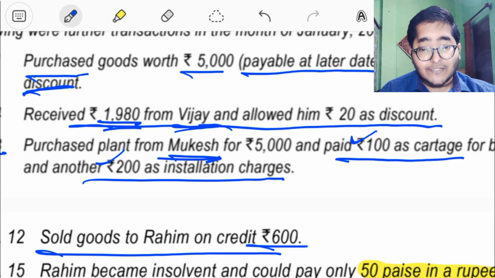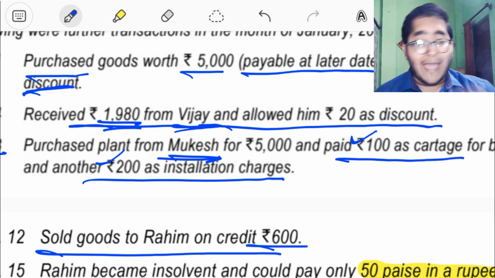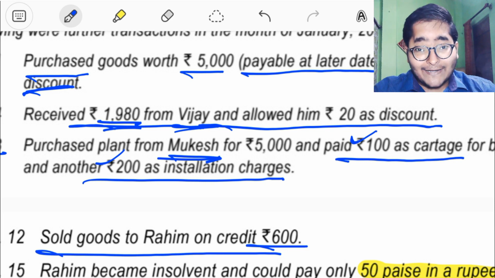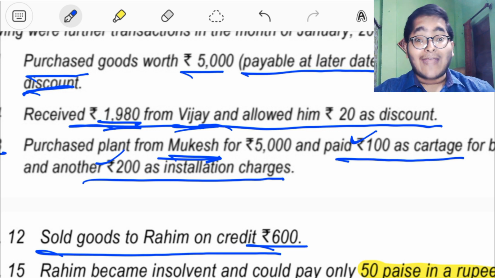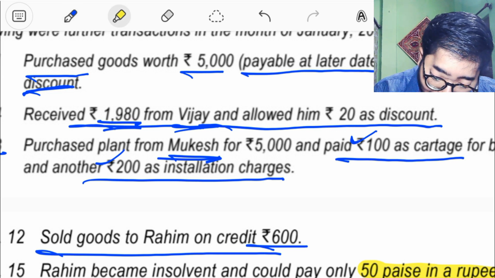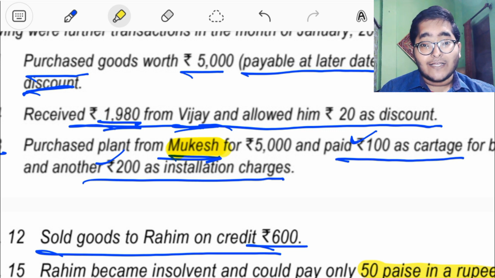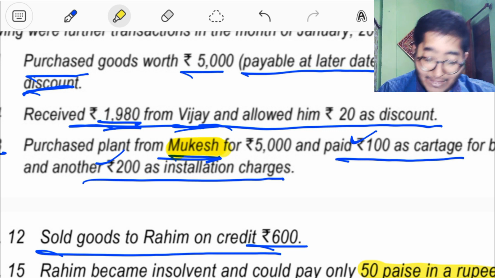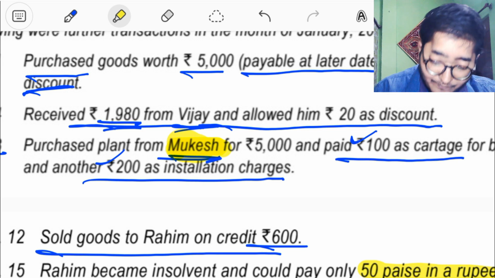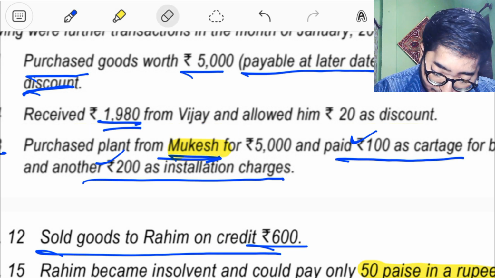It is a personal account. Cash or bank is not given. And that is why we must write Mukesh account. Why is cash or bank not mentioned? This name Mukesh is mentioned. And this Mukesh is a personal account, and that is why the Mukesh name would be evident in writing.